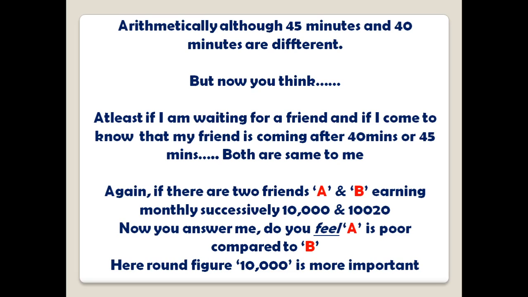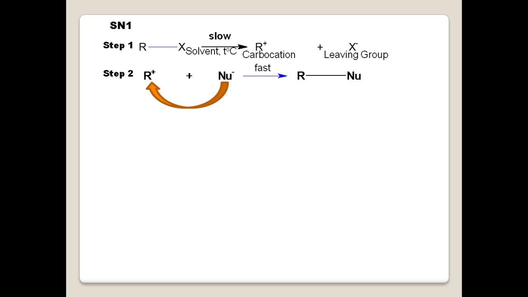In another example about the feelings I am talking about, if two friends are earning, one is earning 10,000, another one is earning 10,020 per month, you will literally get the feeling that A and B have the same salary. Okay, this is like that.